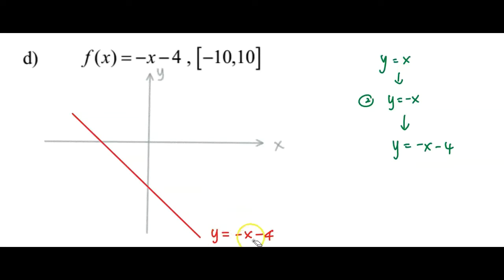So we have sketched the graph of y equals -x minus 4, where the y-intercept is -4, and you would like to know the x-intercept. You can always substitute y equals 0 to get x. Substitute y equals 0, solve it, and you will have x equals -4. So the x-intercept is also -4.